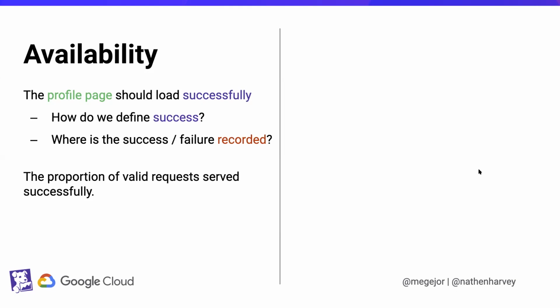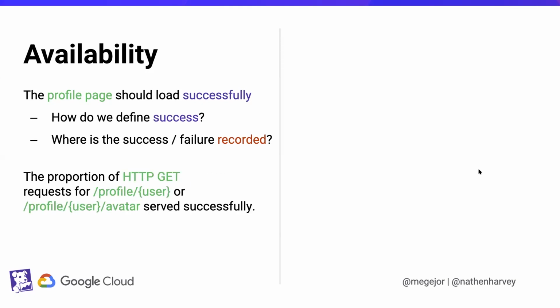So let's further refine this. The proportion of valid requests served successfully, that's what we'll measure. But what does it mean to be a valid request? Again, we need to refine this SLI a little bit more. So let's say it's the proportion of GET requests against a particular URL, or in this case, 2 URLs, our profile page.